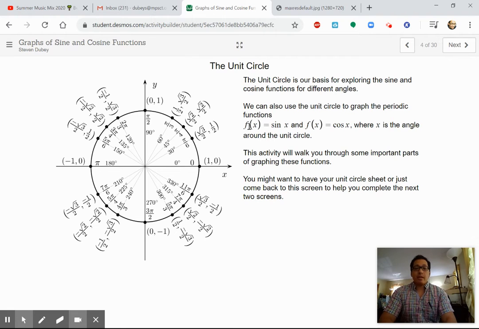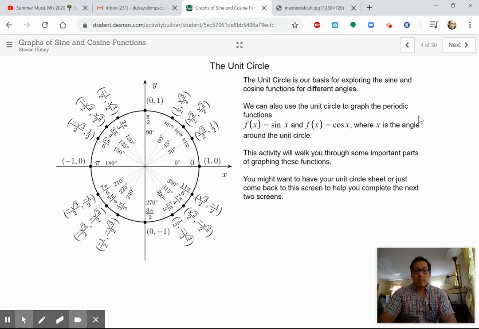It's important to remember that on this circle, even though we've only listed 16 of the angles, we can define these trig functions: sine of x as the y coordinate on the unit circle, the opposite side of the angle, and cosine as the x coordinate of the point on the circle. That's our definition for sine of x and cosine of x, where x is now the angle around the unit circle.